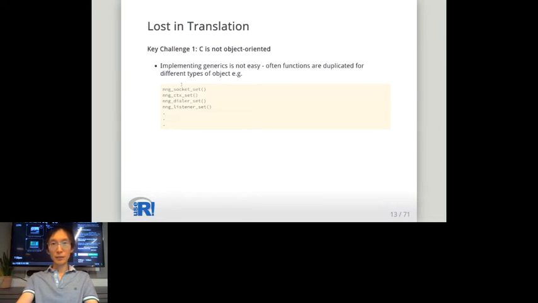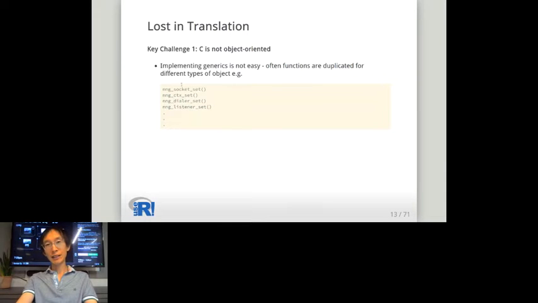So to start going from C to R code, a lot can get lost in translation. One of the challenges is that C is not object-oriented, so often you'll have a lot of duplicated functions for different object types.